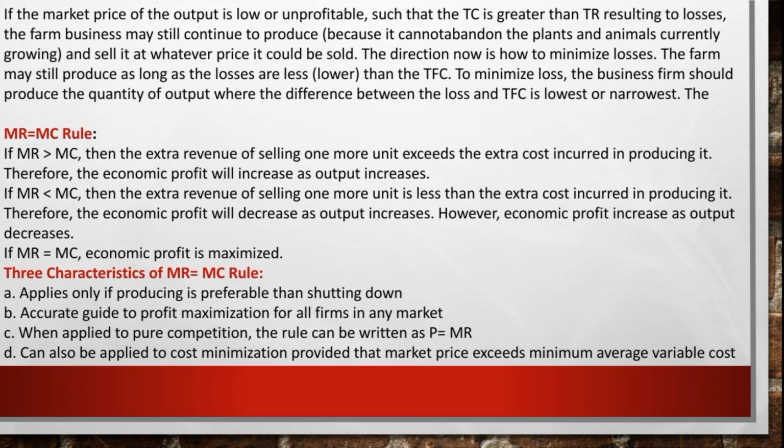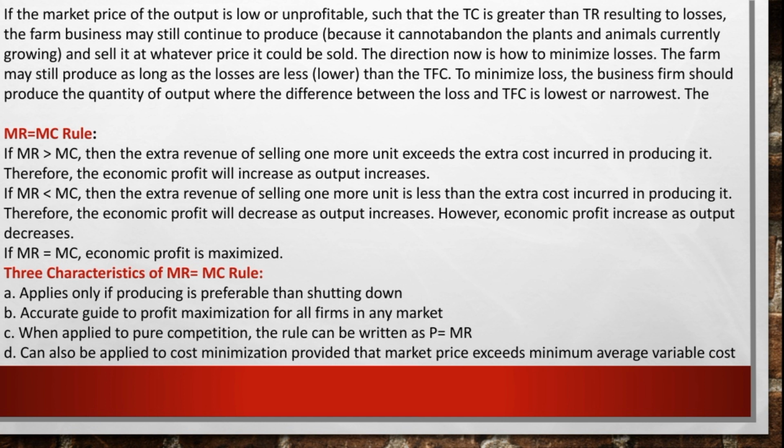The business firm should adjust the quantity of output to where the difference between the losses and TFC is lowest or narrowest. MR equals MC rule. If MR is greater than MC, then the extra revenue of selling one more unit exceeds the extra cost incurred in producing it. Therefore, economic profit will increase as output increases.